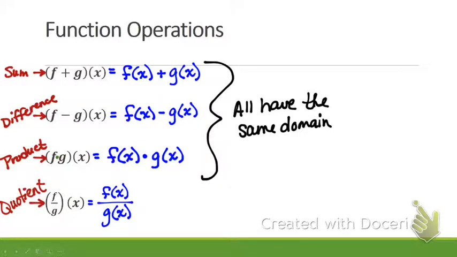For the one on the bottom, this guy can give us trouble. Because what's true about the bottom of a fraction? What can it never be? 0. g of x cannot be equal to 0, and so oftentimes that means there will be a different domain for my quotient.